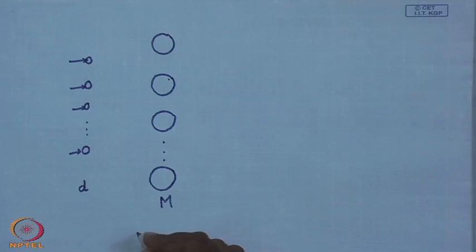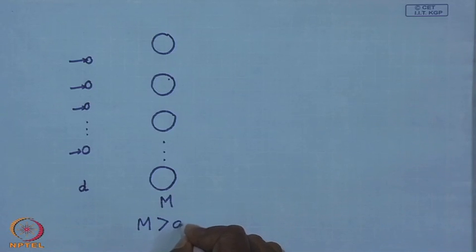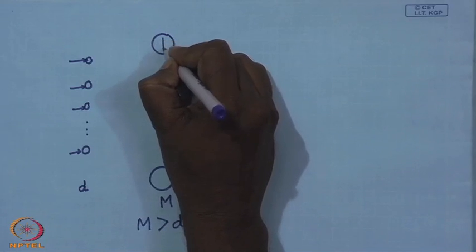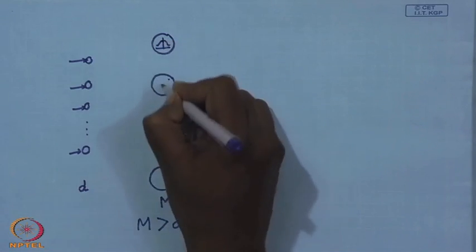So, as I have m number of nodes in the middle layer, obviously this m, the number of nodes in the hidden layer is greater than the dimensionality of the feature vector, which is d. And as we said that every node in the hidden layer computes a radial basis function.